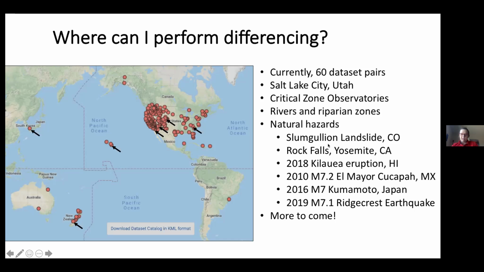It's also used to look at many different types of natural hazards, including landslides, rockfalls, volcanic eruptions, and earthquakes. And of course, as the OpenTopography data archive continues to grow, there will be more and more examples.